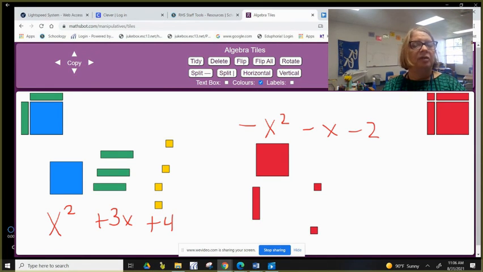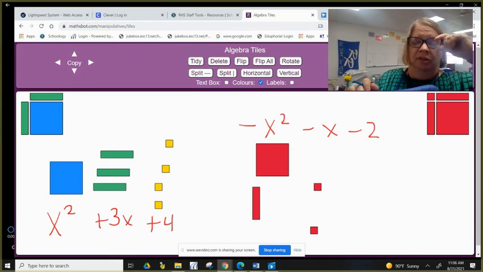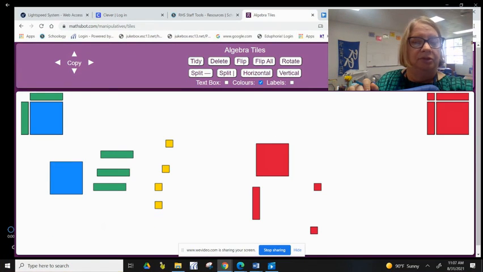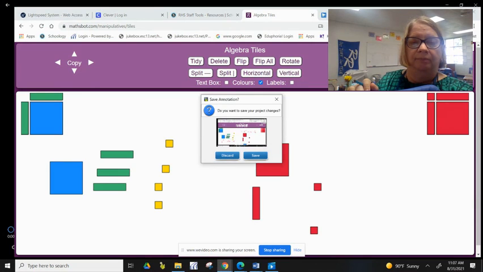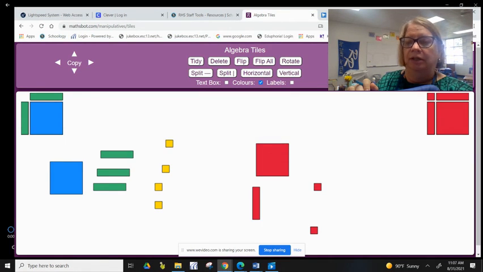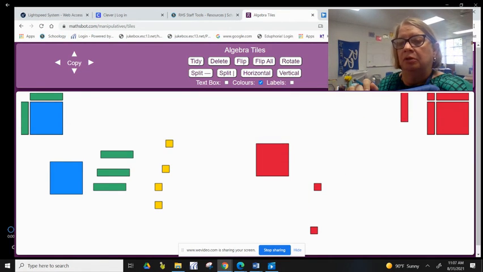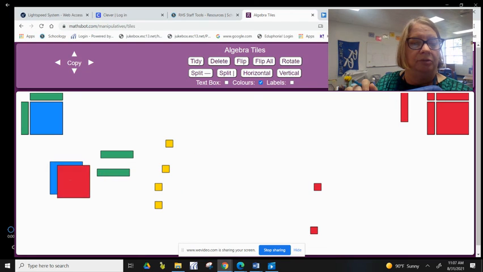Okay, some of you will know how to combine these. Remember, x squareds go with x squareds, x's go with x's, and numbers without variables go with numbers without. Those are called constants. Some of you can do them without the algebra tiles. If you need the algebra tiles to visualize them, this is what we do. Then you would take your zero pair, and those would go away, and this one would go away.